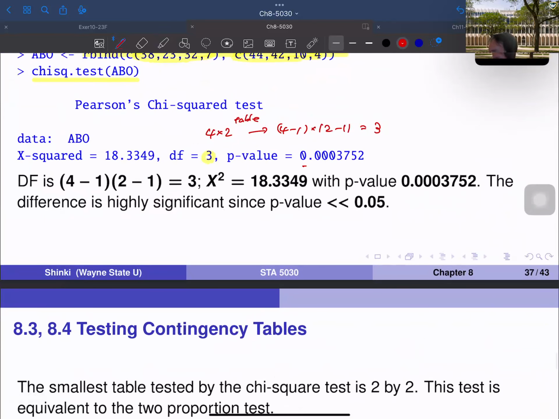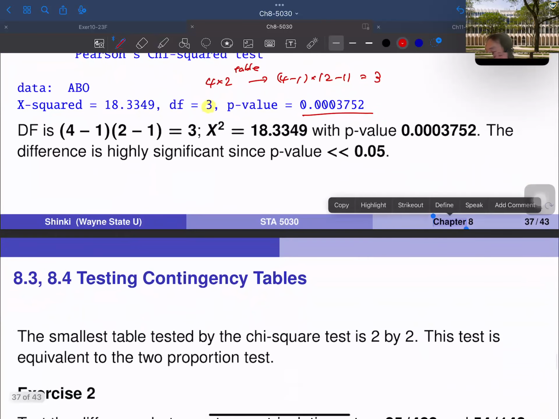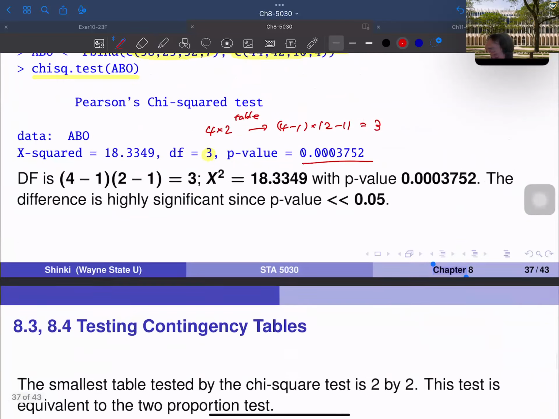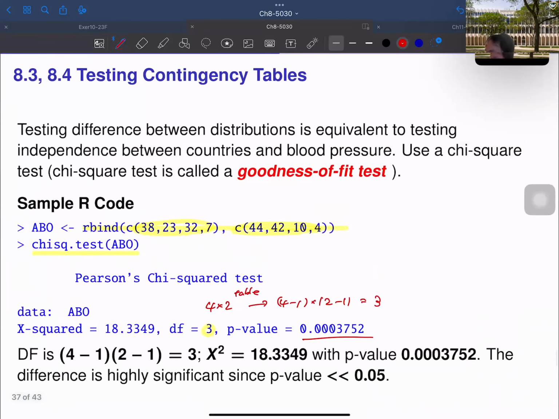In this case, the p-value is very small. So the 2 countries have different blood type distributions, or we can say country and blood type are not independent. People sometimes say this is a goodness of fit test because we look at the difference between 2 countries, but mathematically it's the same as the test for independence.